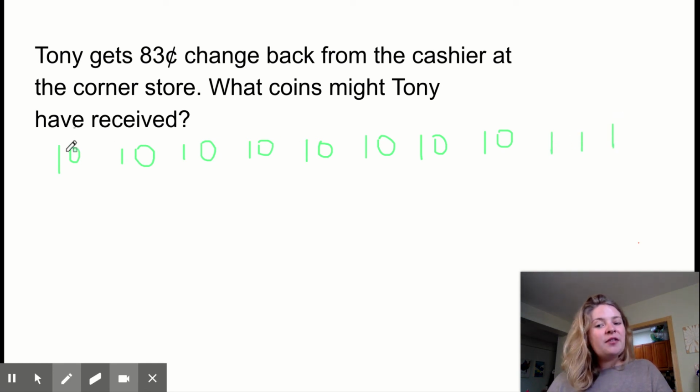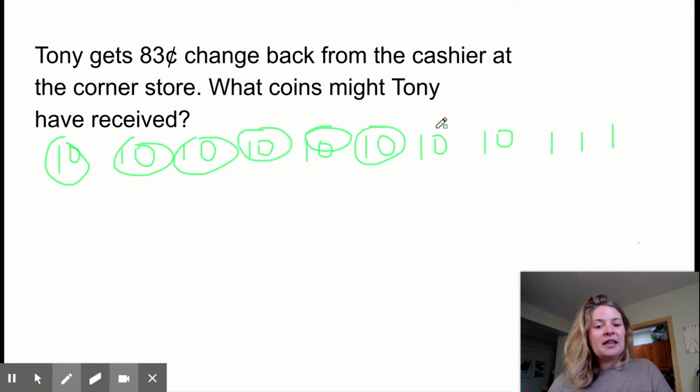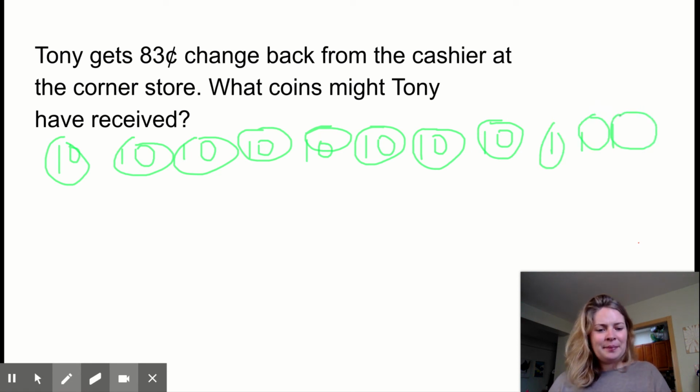So he might have received 1, 2, 3, 4, 5, 6, 7, 8 dimes, and 1, 2, 3 pennies. Ooh, my computer is not being my friend with these markings. Thank you for being patient with me.